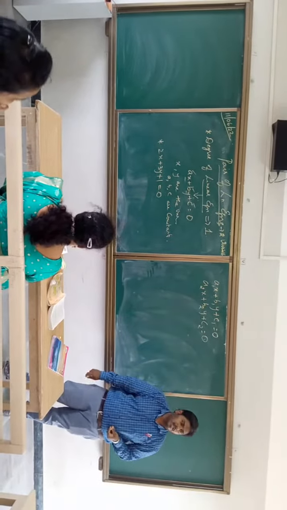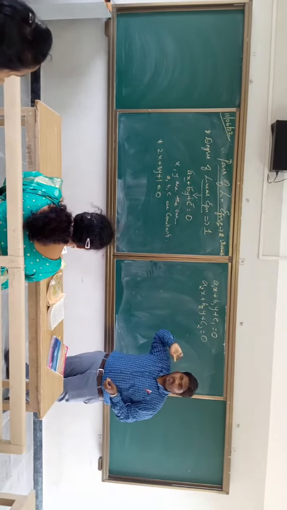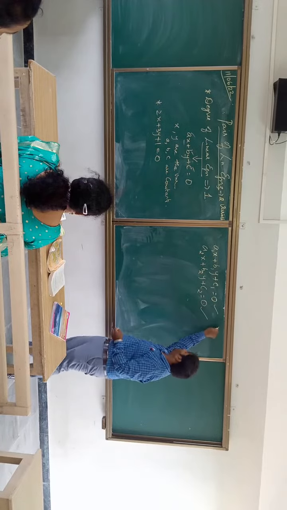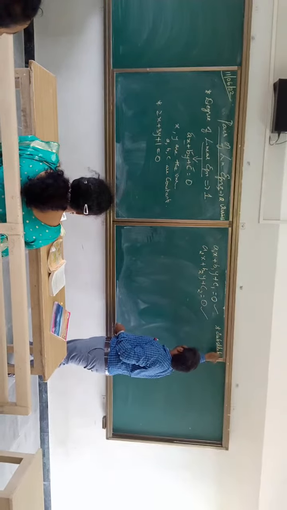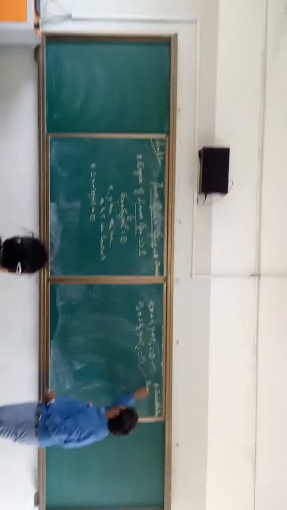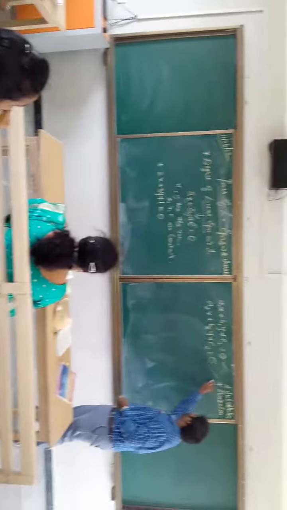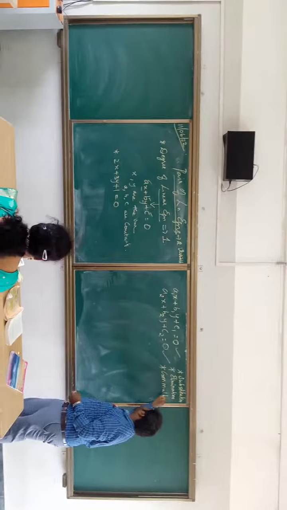These two are said to be the two equations in two variables. We can solve this by substitution, elimination, and cross multiplication.